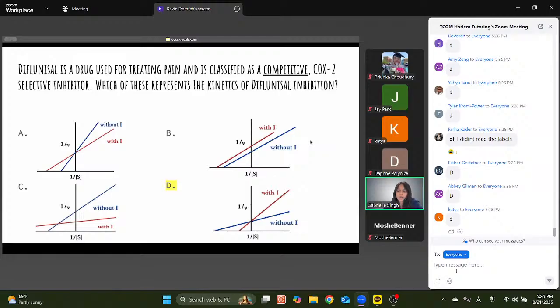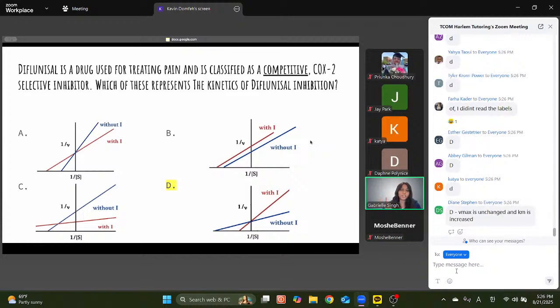So yeah, competitive inhibition, you usually see the line with the drug pointing towards a higher Km on the x-axis, and the Vmax would stay the same. So the x-axis is going to be your Km, the y-axis is going to be your Vmax. And then if you have a non-competitive inhibition or suicidal/irreversible type of inhibition, what do you think you're going to see?